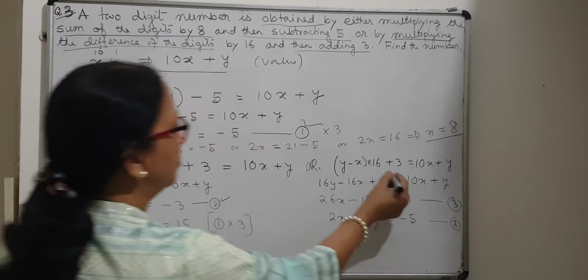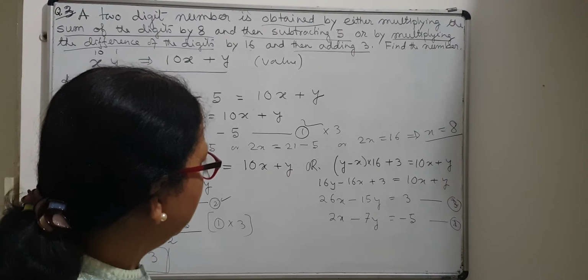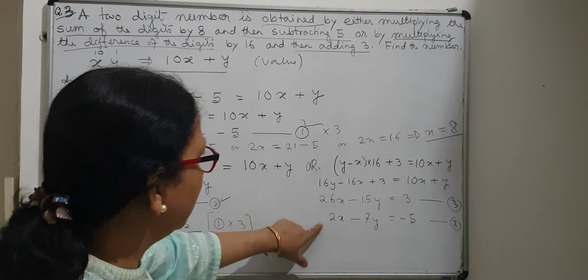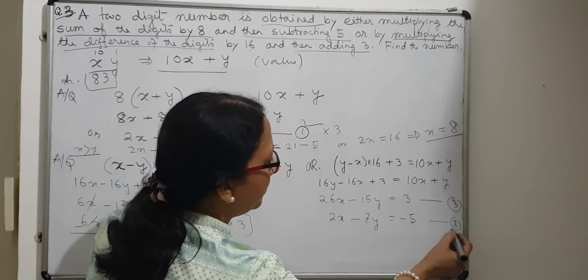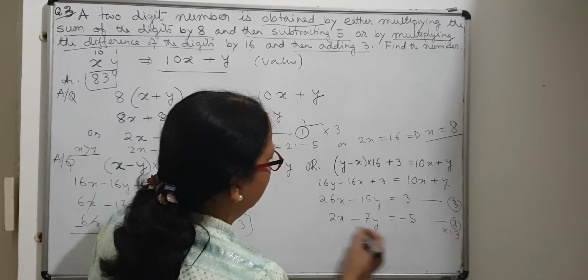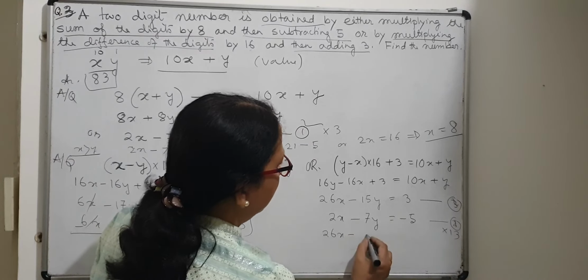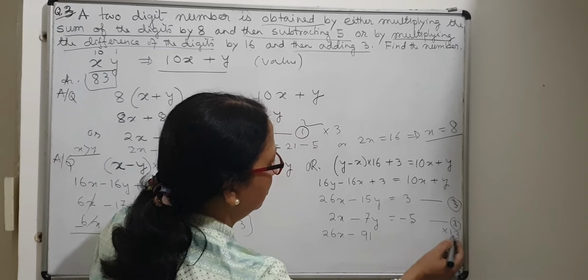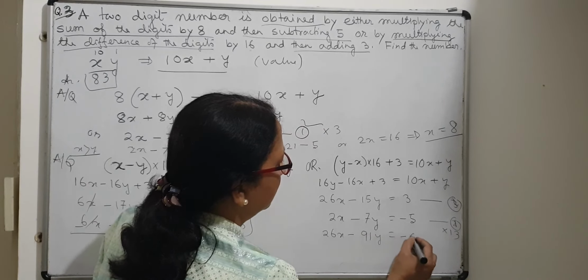I will solve this pair. So if I solve this pair, I have to multiply this by 13 to eliminate this. 13 times 2 is 26. So if I multiply this by 13, then it will become 26x minus 91y is equal to minus 65.